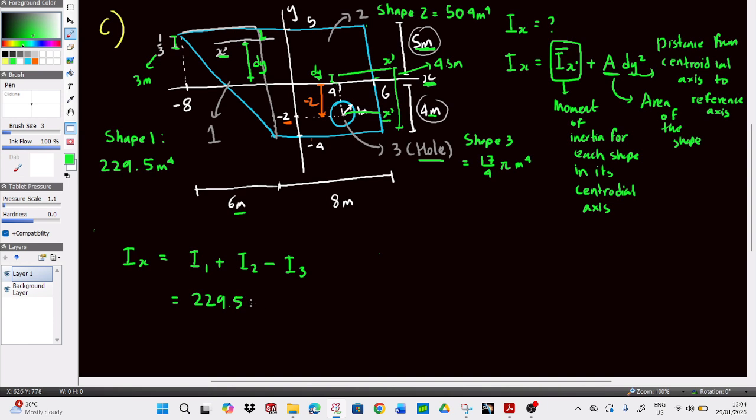So your final answer would be 229.5 plus 504 minus 17 over 4 pi. So it becomes 720 meters to the power of 4. So this is basically your moment of inertia along the x-axis.